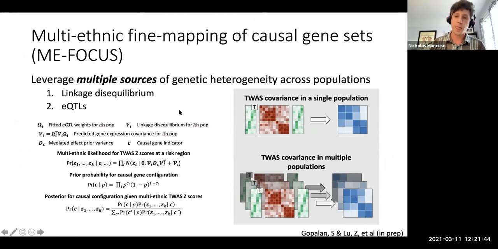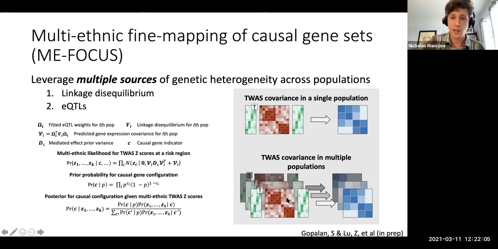Under our framework, our goal, again, is to identify the causal gene, not any individual causal variant at a risk region. Based off this, the input into our method is essentially this. We require the eQTL weights for multiple populations at a risk region.